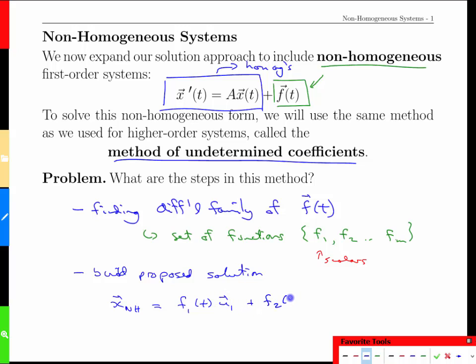Then we'll have f2 of t times u2, plus f3 of t times u3, plus however many more of those we need. I'll call it m. And so these u's are the undetermined coefficients.